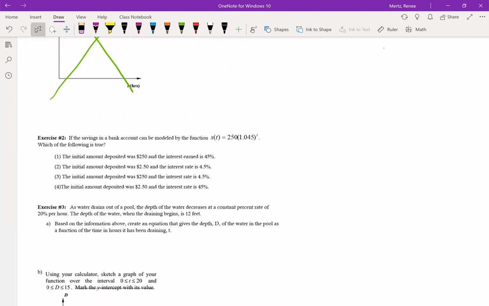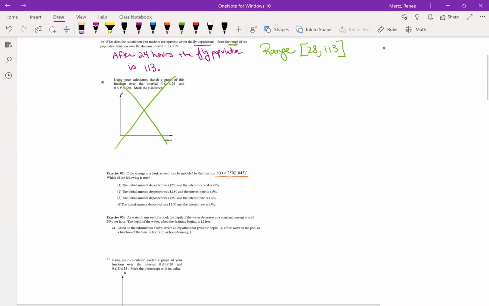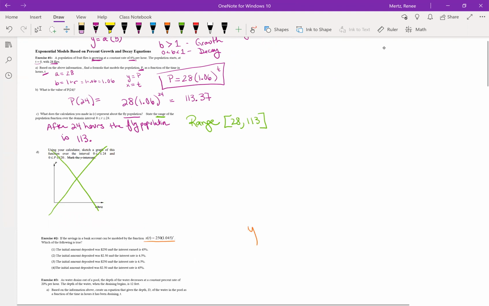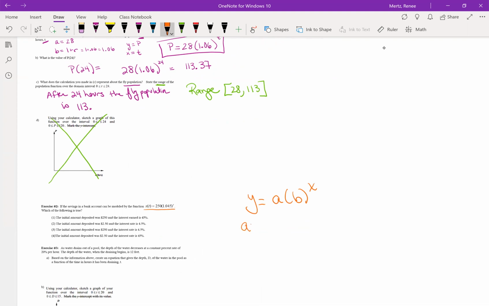Exercise 2. The savings in a bank account can be modeled by the function S of t equals 250 times 1.045 to the t, which of the following can be true? So let's just take our initial formula, y equals a times b to the x. A stood for the initial value. So how much money did they begin with? $250.